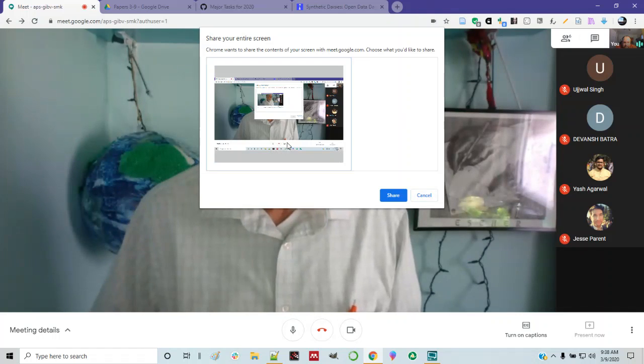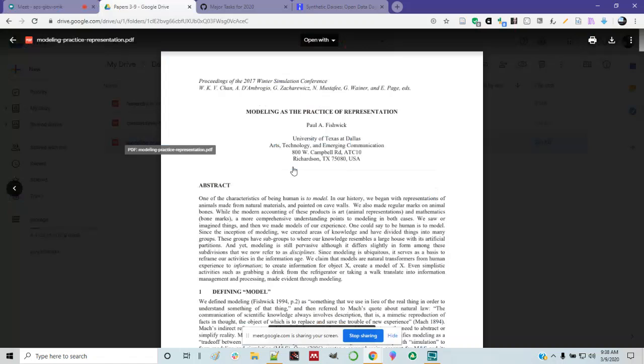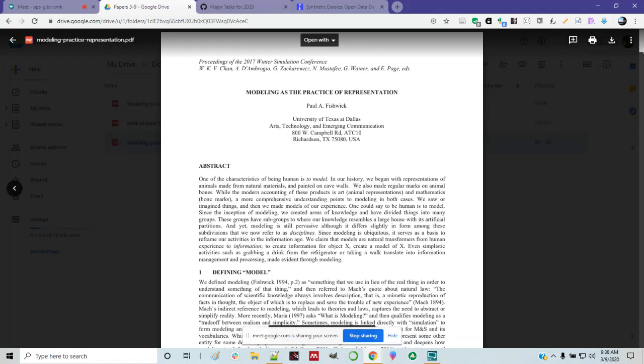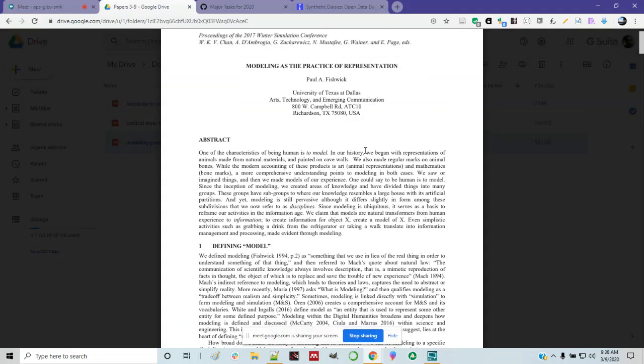So this paper is about modeling, and it's called "Modeling is the Practice of Representation." When Paul Fishwick was at the University of Florida, I took his class on modeling, years and years ago. He's an interesting guy, and he writes a lot about simulations and modeling. He's a computer scientist. They talk about one of the characteristics of being human being the model. His approach to modeling goes way back to cave art and other types of sculptures.